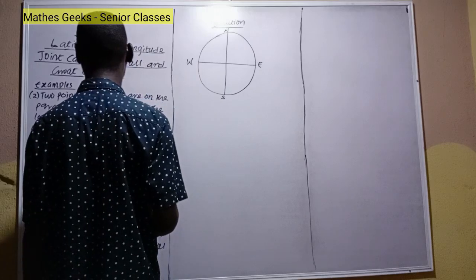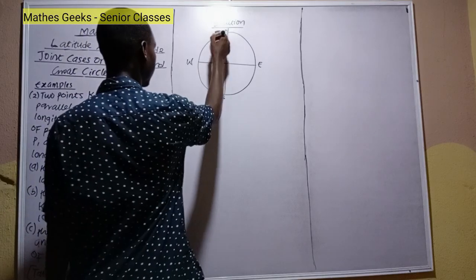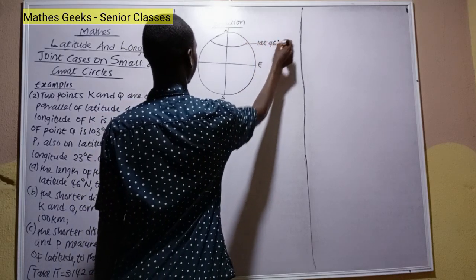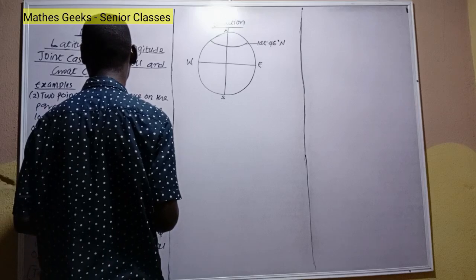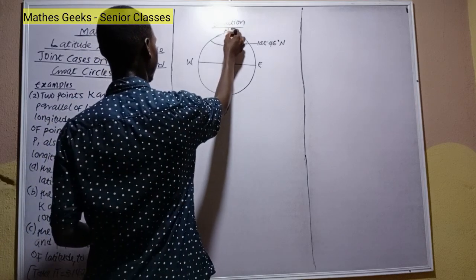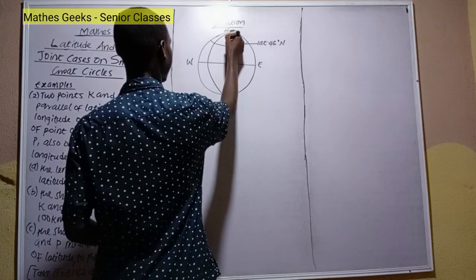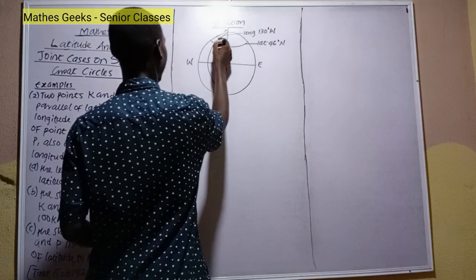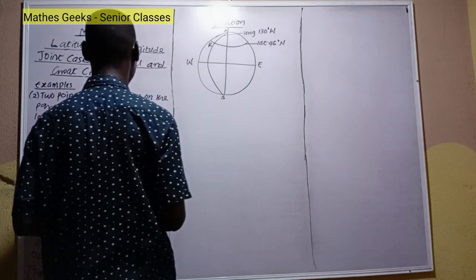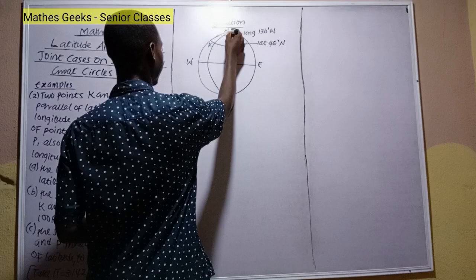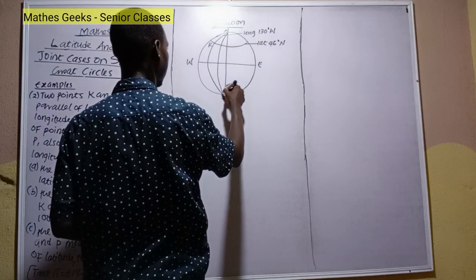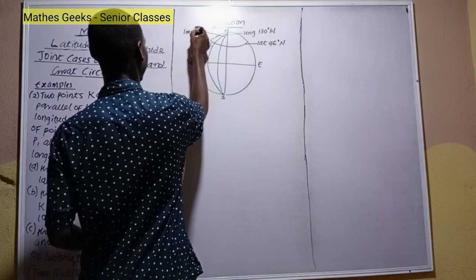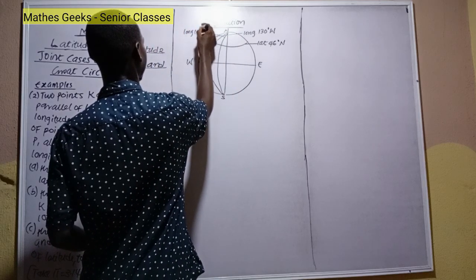Two points K and Q are on the parallel of latitude 46 degrees north. The longitude of K is 130 degrees west. This point is K, and that of Q is 103 degrees west.